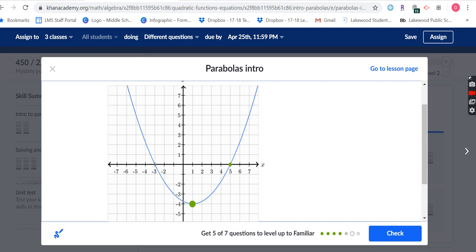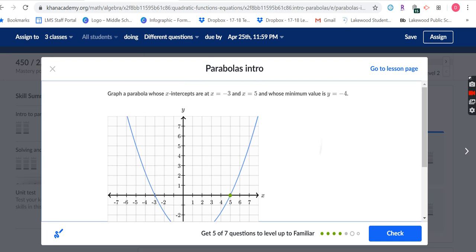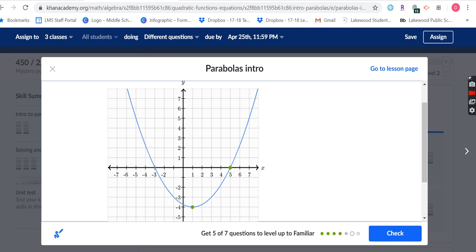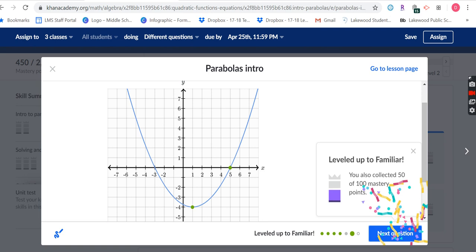Now I need to move this over so that I have -3. Now I have x-intercepts at -3 and at 5, and the minimum has a y value of -4. It didn't have to be on the y-axis because it's not the y-intercept. It's just the minimum, which could be anywhere, but the y value there had to be -4.